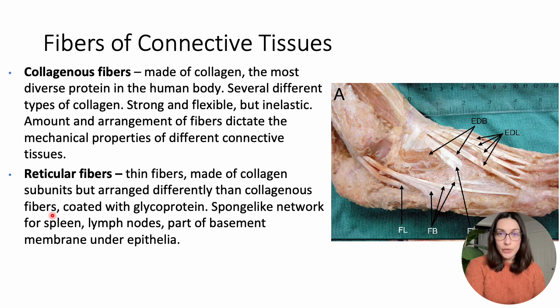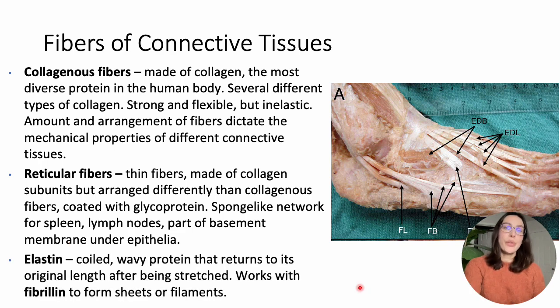They stain differently, so they look different in stained microscopy slides. They're also often coated with glycoproteins, and they generally have a three-dimensional structure like a sponge-like network, kind of like a net. Think of a net or like a spider web. And these nets or networks hold spleen, lymph nodes, part of basement membrane under epithelia to create support.